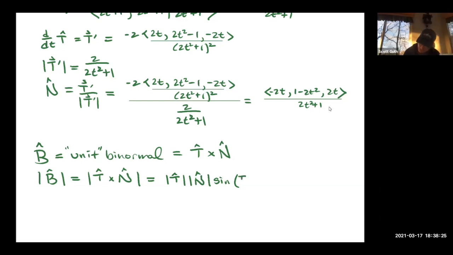Exactly, so pi over 2, exactly right. So all these are 1, right? So all that is to say that B is a unit vector automatically. We don't have to scale it down to make it a unit vector. Hope that makes sense. So we just say this in general: B is always a unit vector.